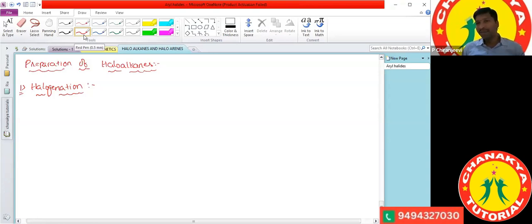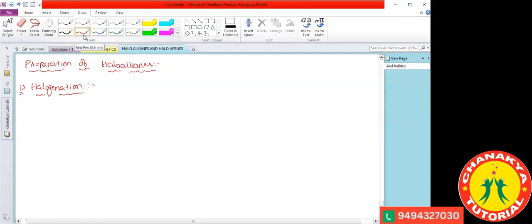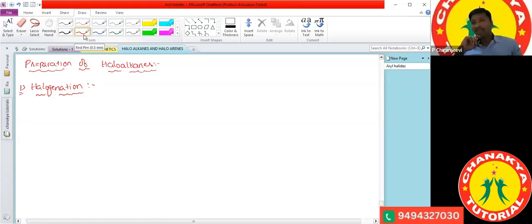Clearly, alkanes are involved. Alkanes have only sp3 hybridized carbon atoms, and the allylic carbon also has sp3 hybridized carbon atom. The benzylic carbon also has sp3 hybridized carbon atom. That's why the allylic carbon, benzylic carbon, and alkanes undergo the halogenation reaction.